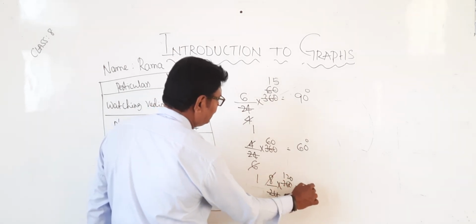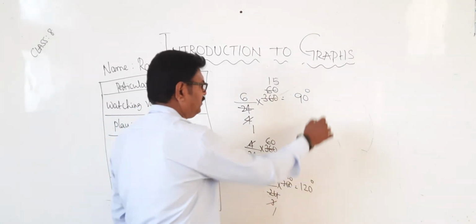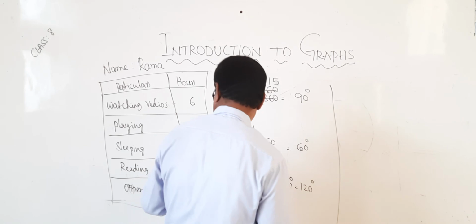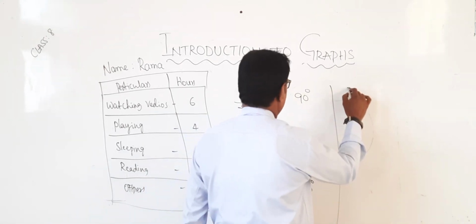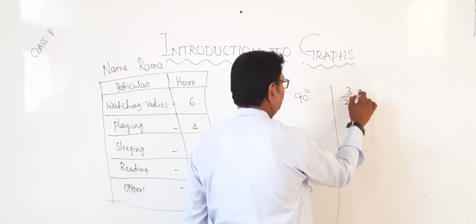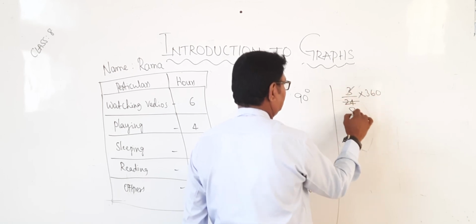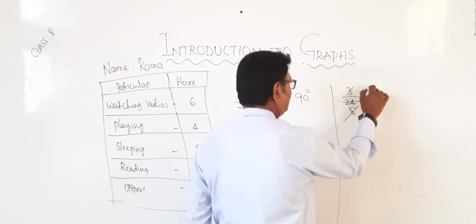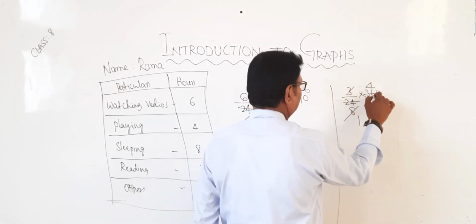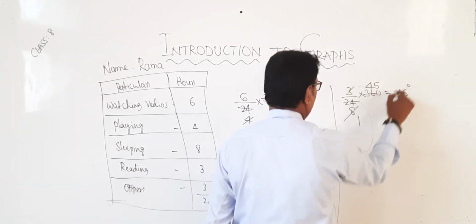How much is it? 120 degrees. Next one, 3. 3 divided by 24 into 360. 3 ones 3, 8 ones 8, 8 fives 45. Therefore how many degrees? 45.